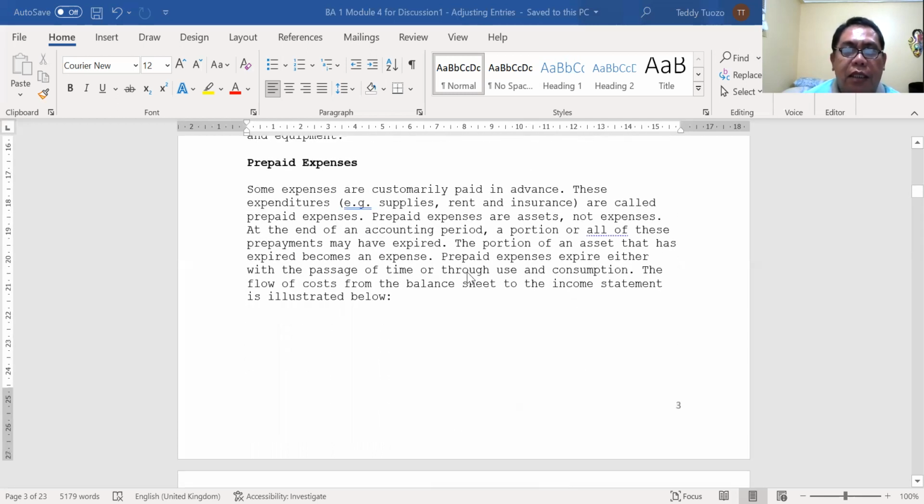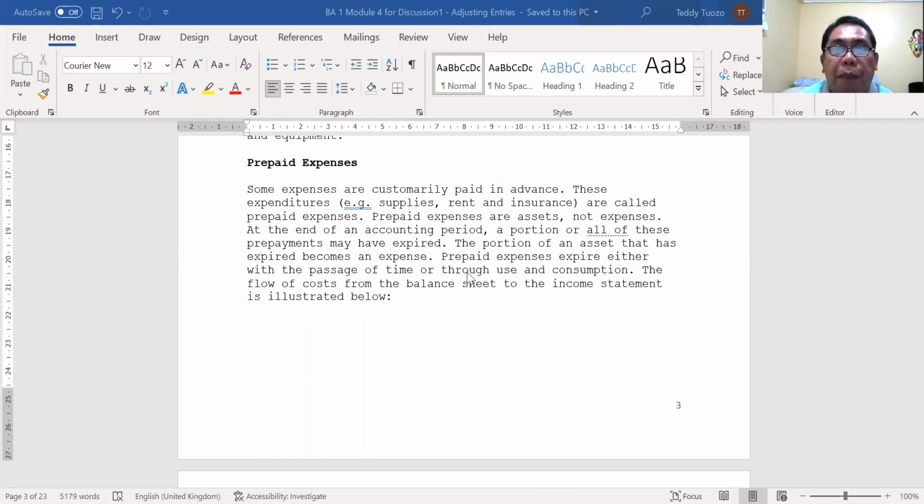Prepaid expenses. Some expenses are customarily paid in advance. These expenditures, for example supplies, prepaid rent, and prepaid insurance, are called prepaid expenses. Prepaid expenses are assets, not expenses.